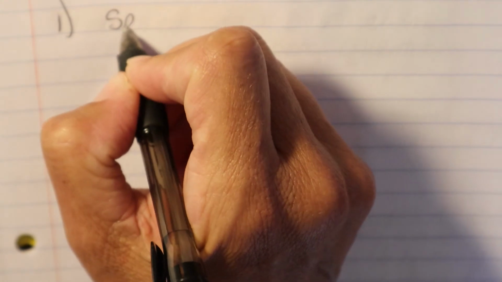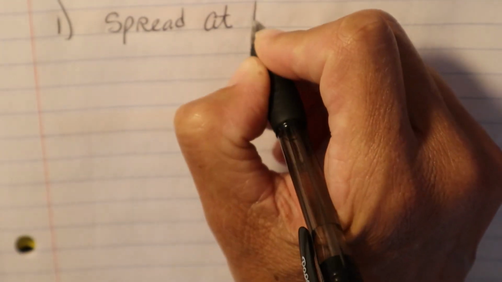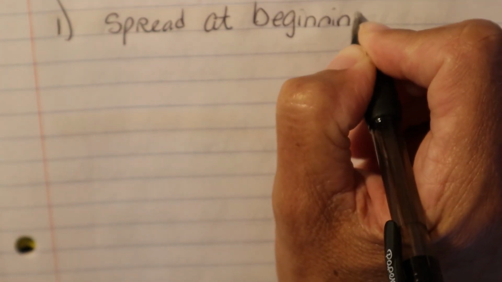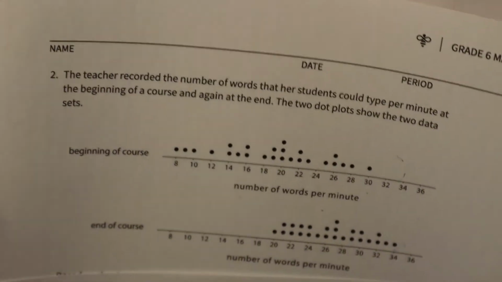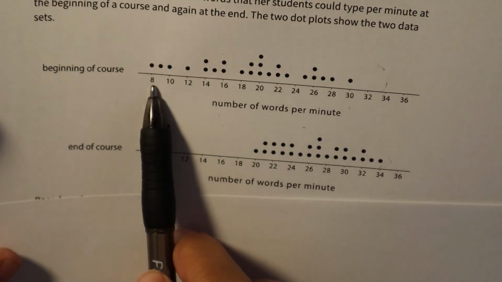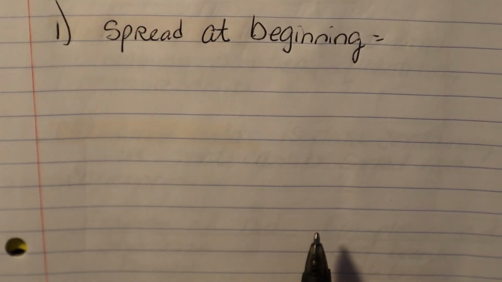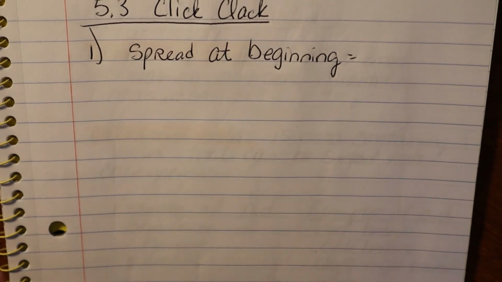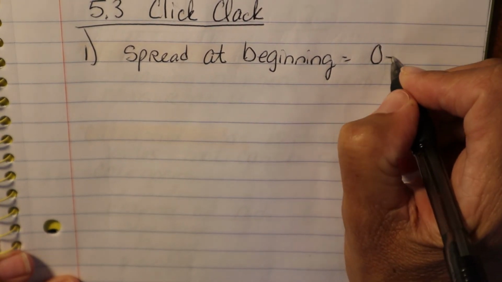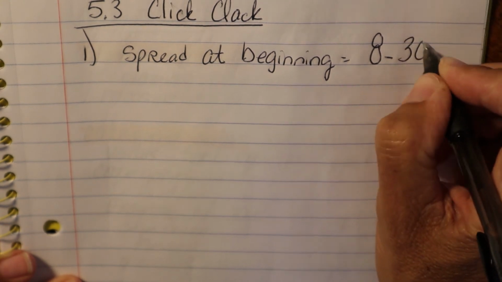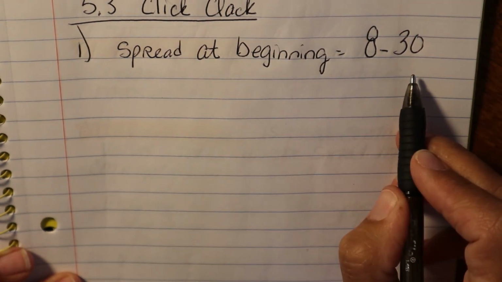So the spread at the beginning: we go from the lowest dot, 8, all the way to the highest dot, which is 30. So the spread at the beginning was 8 to 30, the lowest value to the highest value.